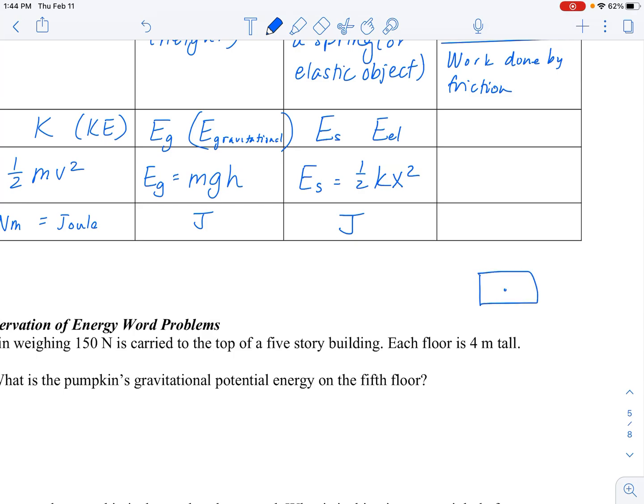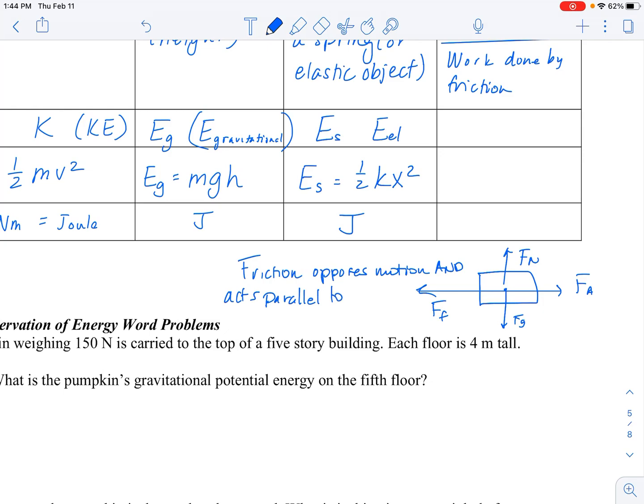If I have a block on a table, I've got Fg and Fn. If I pull that block at a constant speed, friction always opposes motion and acts parallel to the surface.